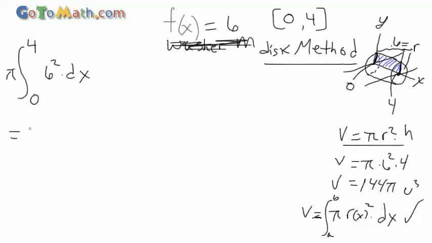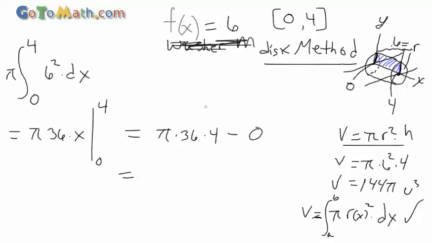All right, so let's look at this. So we have pi times 6 squared, which is just 36, dx, and we're going from 0 to 4. So we plug in and we end up with pi times 36 times 4 minus, then plug 0 in, right?